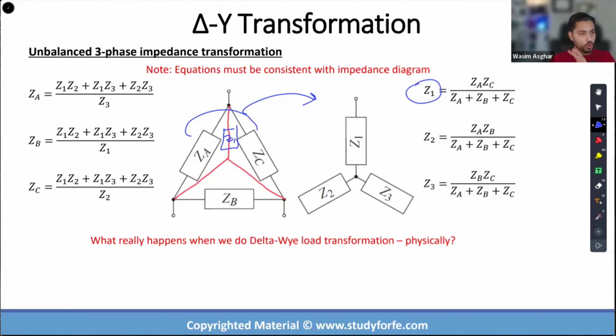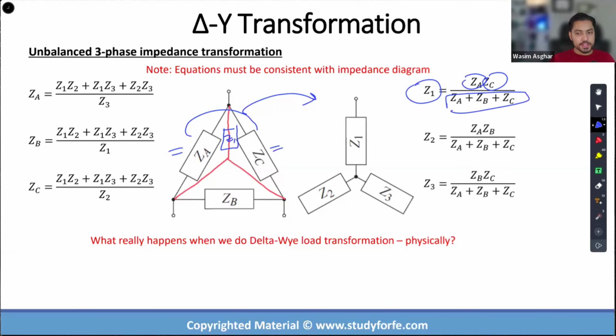If I just give you ohms or impedance values, you won't be able to identify them as A, B, C. You will just be working with the spatial arrangement, how they're relatively positioned with respect to each other. So Z1 will be the impedance that is on this leg, which we are calling ZA, multiplied by the impedance that is on this leg, divided by the sum of the three impedances.